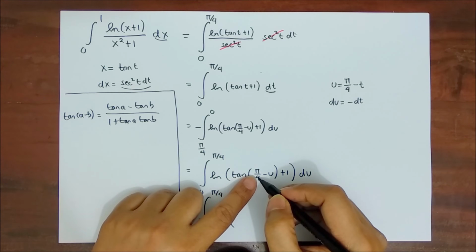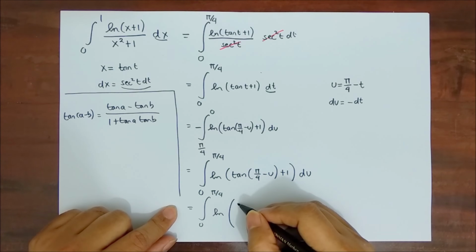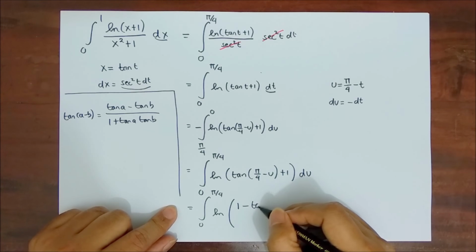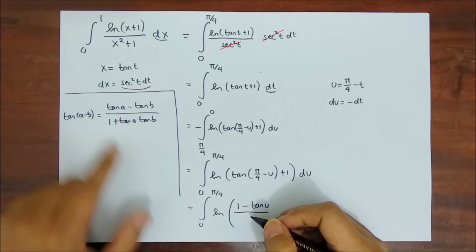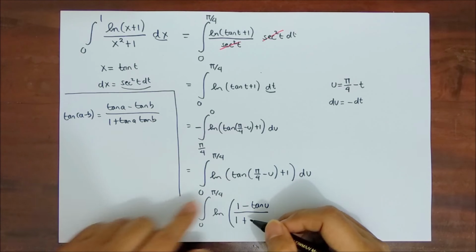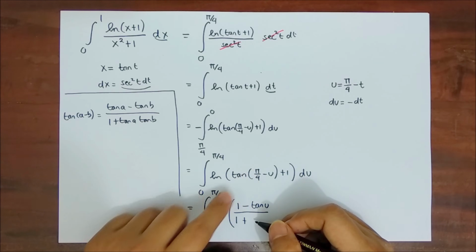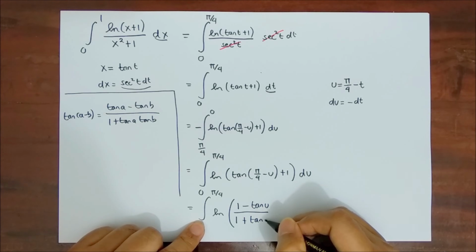Remember that tangent of pi over 4 is equal to 1, so we have (1 minus tan u) over (1 plus tan u).